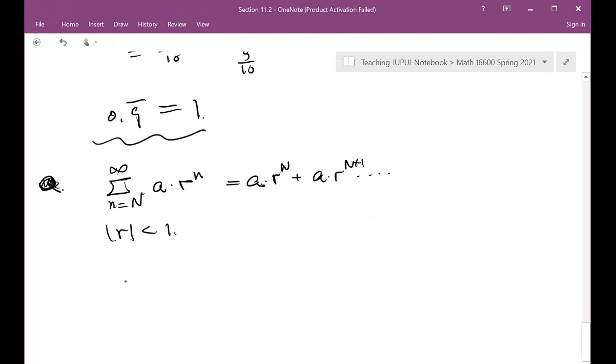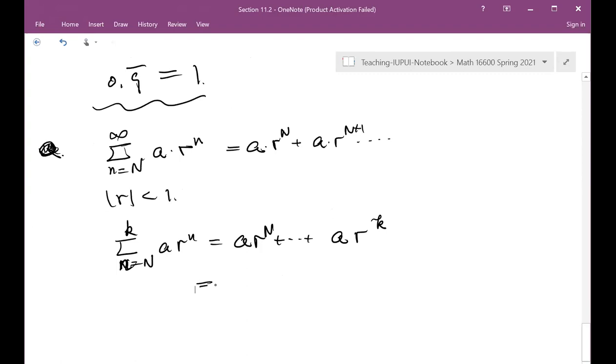You can look at the partial sum, from n to the power k. So you have a r to the k.